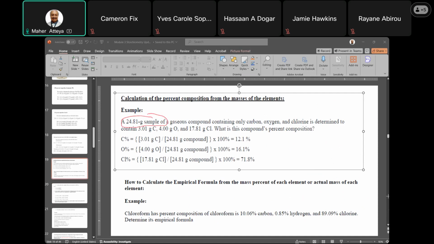So we can make an empirical formula out of the sample. The sample is the whole sample. We don't know, but it does have information that carbon is this amount, oxygen is this amount, and chlorine is this amount. What is the compound's percentage composition? Well, this is just the percentage, correct?